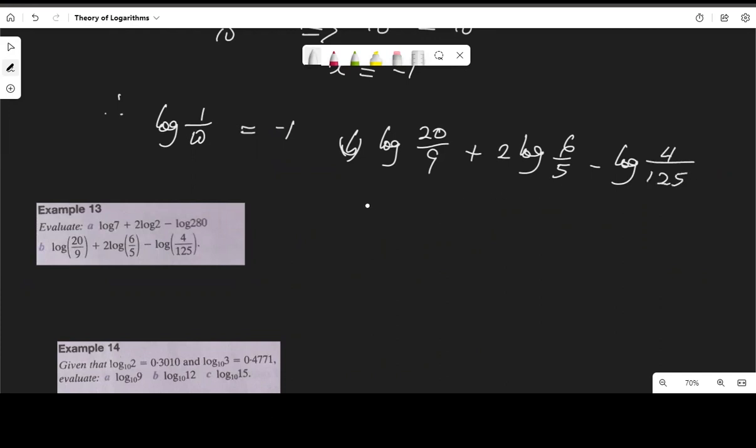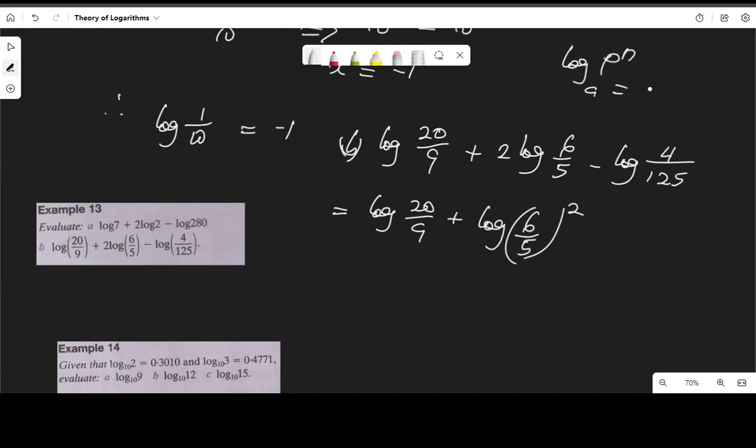That will be log 20 over 9 plus log 6 over 5 to the power of 2, applying the law that says n log p to base a is equal to log p to the power of n. So the question is like this, I turn it like this. That is what I did here. Minus log 4 over 125.